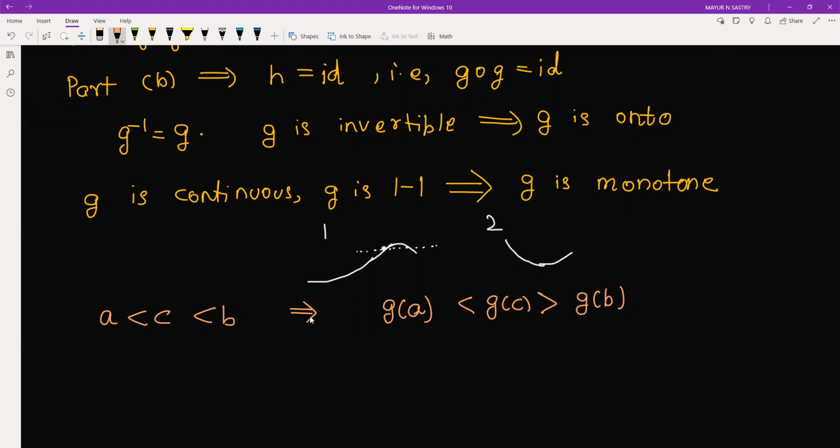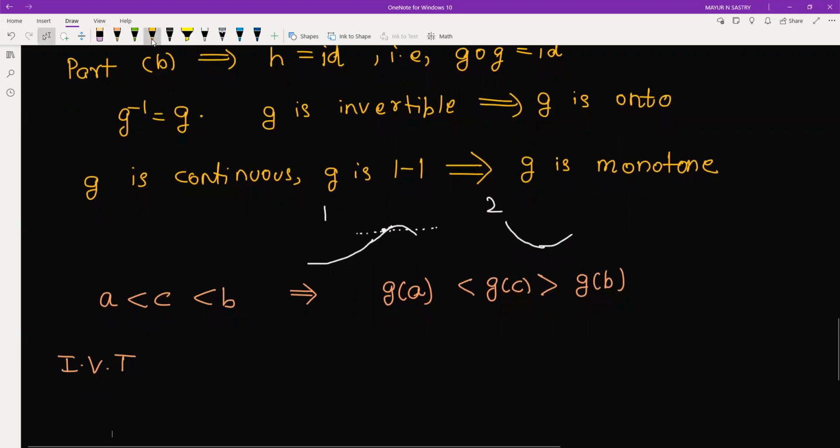Whenever we talk about continuous functions, the first thing which appeals to us is the intermediate value theorem. It states that if you have a continuous function f on an interval [a, b], and you have f of a and f of b over here, then f attains every intermediate value between f of a and f of b.